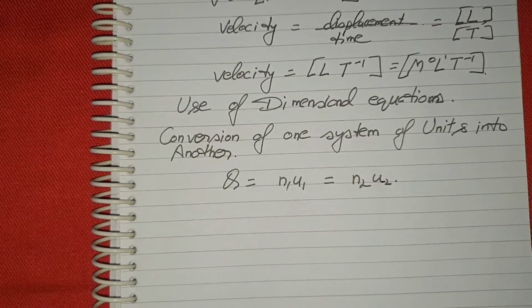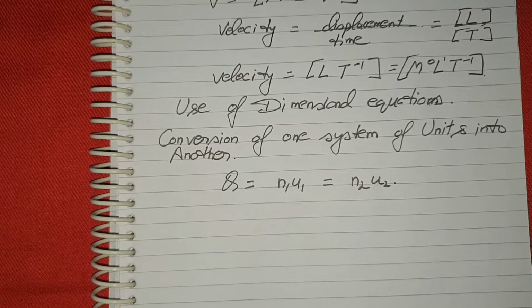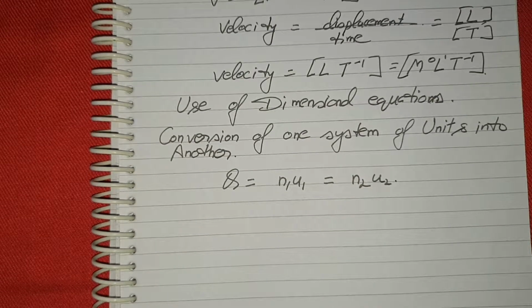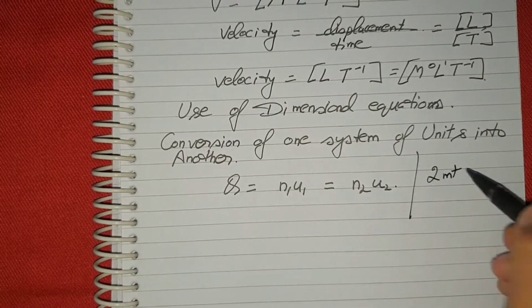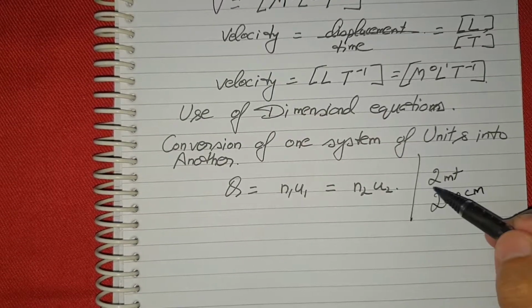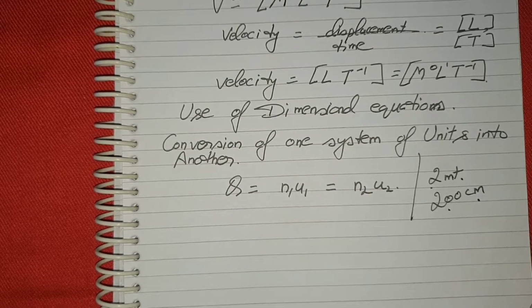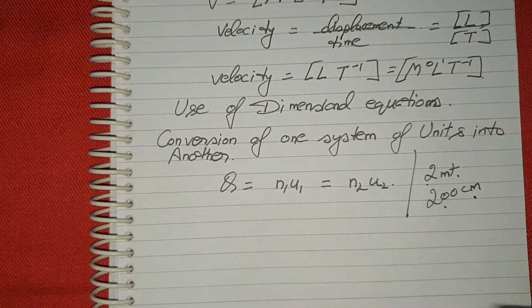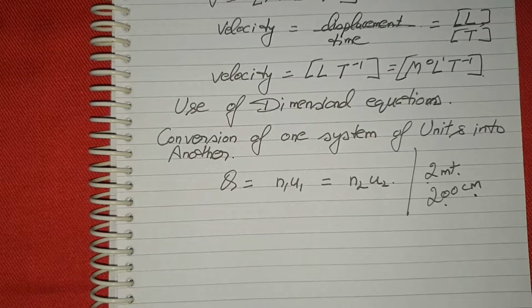For example, if you are measuring the length of a table and you choose the unit meter, suppose its length is 2 meter, and when you choose centimeter, that will be 200 centimeter. So N1 U1 is equal to N2 U2.